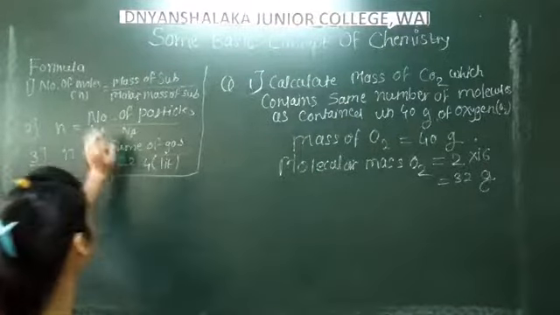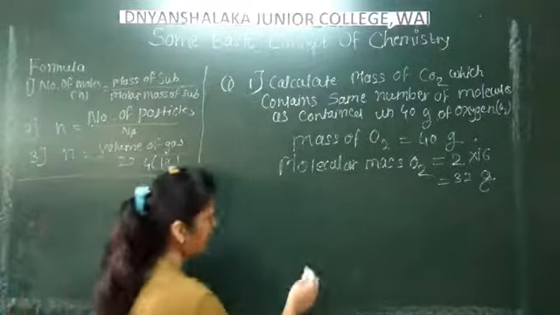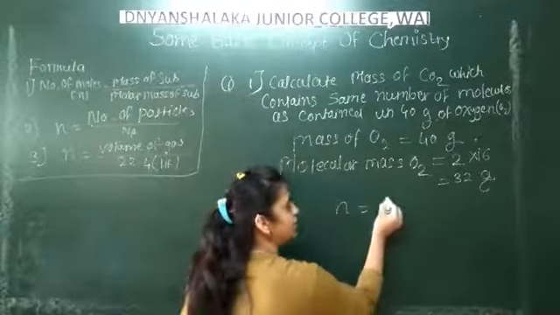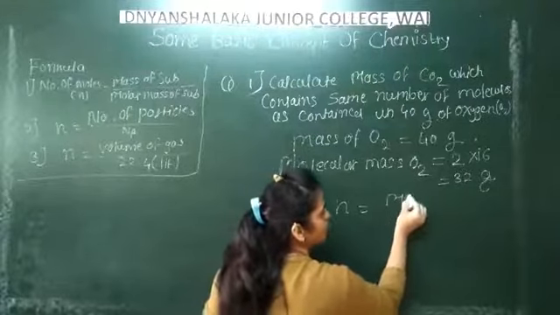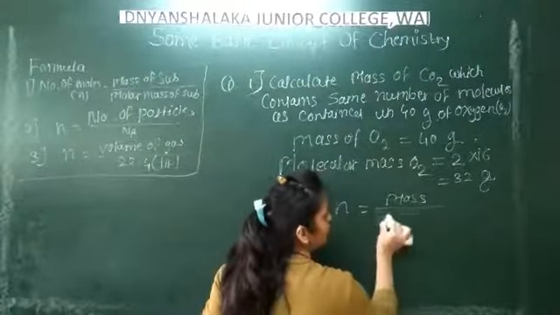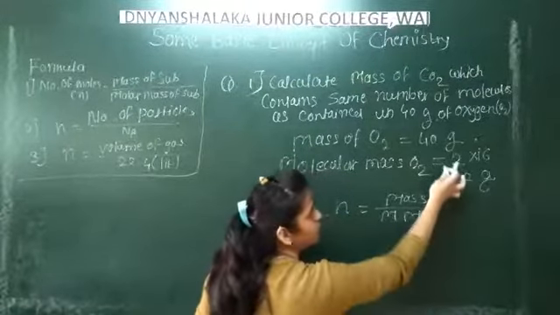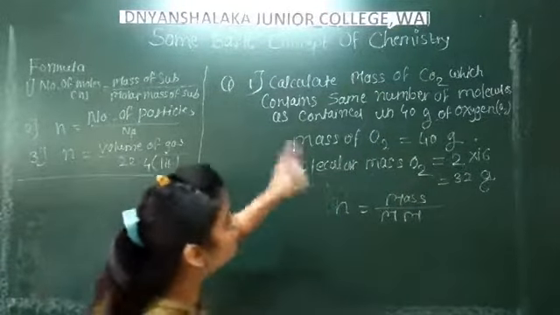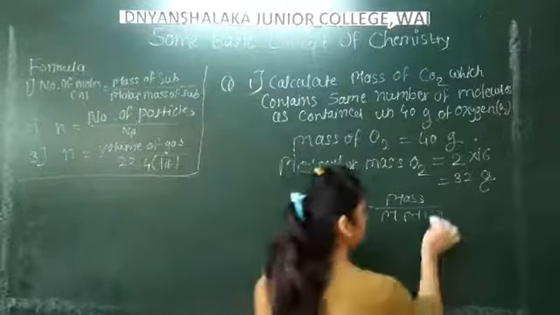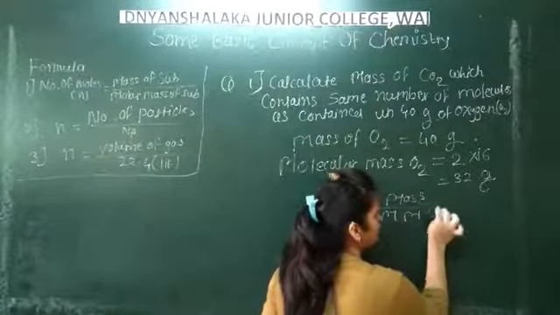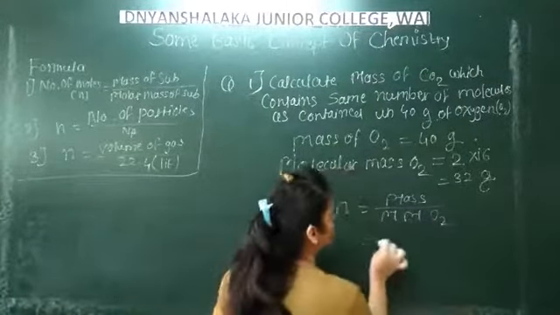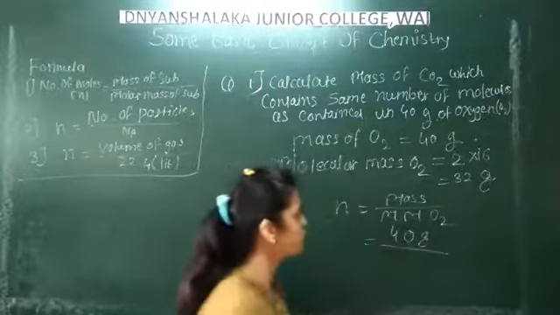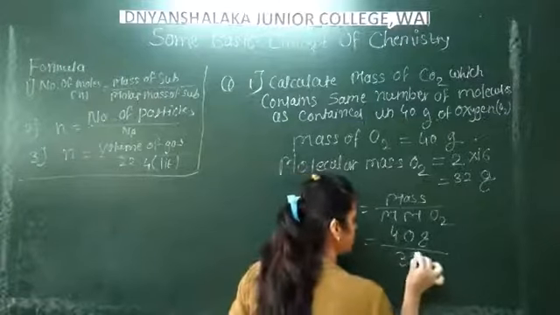So we use the first formula: n equals given mass of substance upon molar mass of substance. The mass is 40 gram given, and the molecular mass of oxygen is 32 gram.